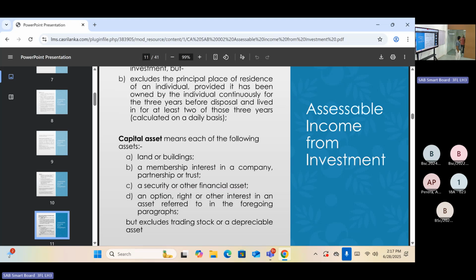What is land or building? A membership interest in a company, partnership or trust. What does membership interest of a company mean?